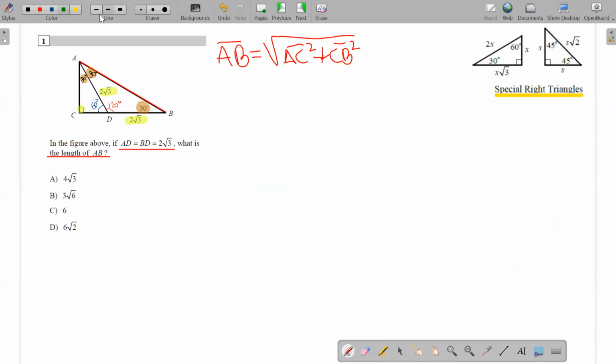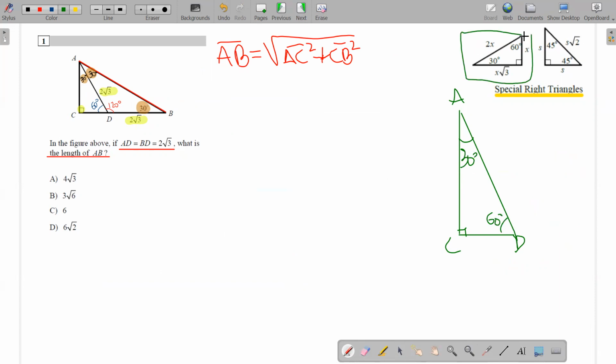Because if we take into consideration the triangle ACD of the figure, that one is a right triangle, right? And it is a triangle 30, 60, 90, like this one right here. Let me flip this one so you can see it better.